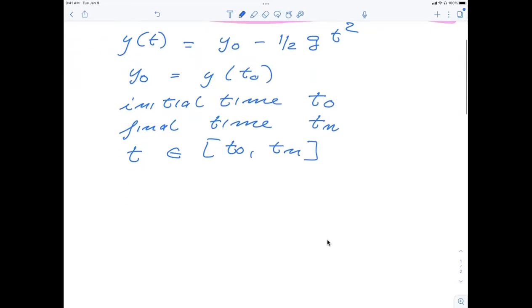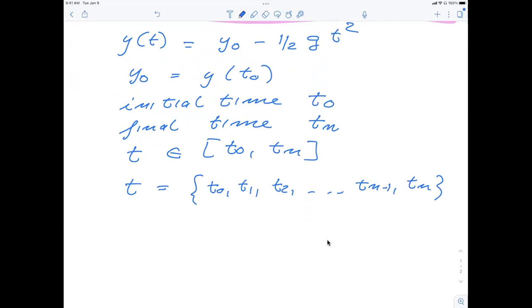Now, since we will always deal with some discrete variables, what we will have then is that t is actually equal to a set of values t0, t1, t2, and all the way up to tn minus 1 and tn. So these are the actual values of t.